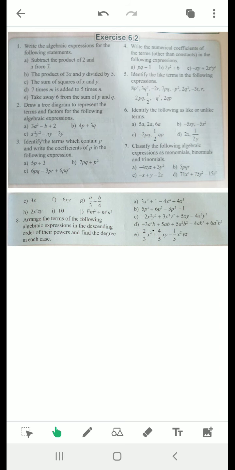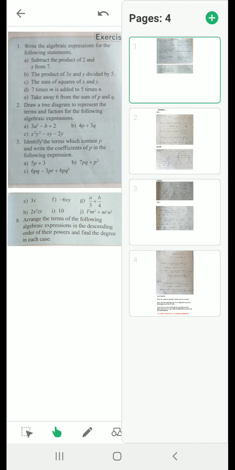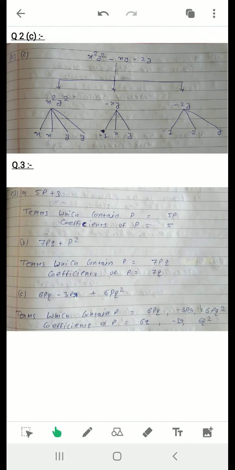Let me discuss directly with this question. Question number 3a, 5p plus 3. Now just see which term contains p. There is only one term which contains p. It is the first term, that is 5p. So the term which contains p is equal to 5p.